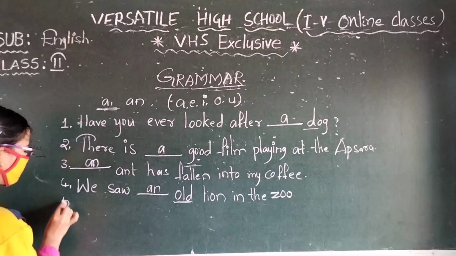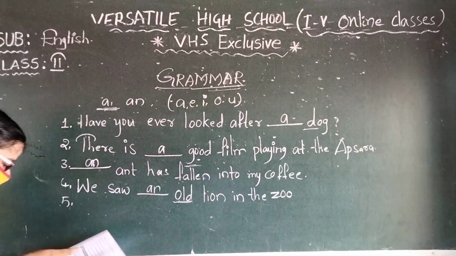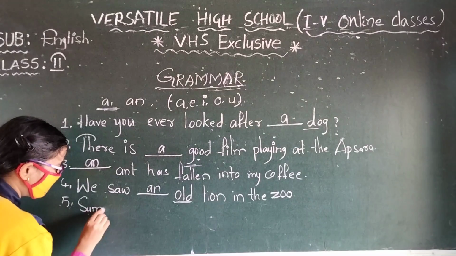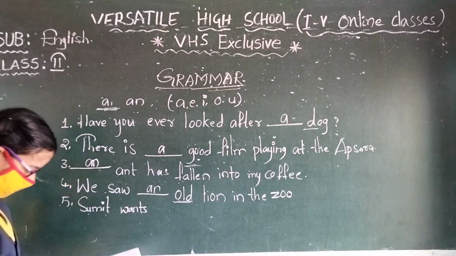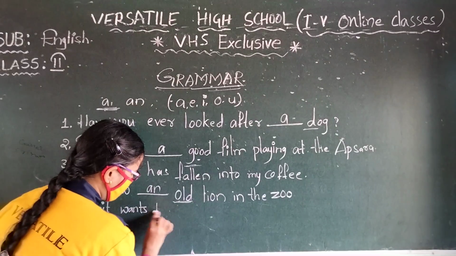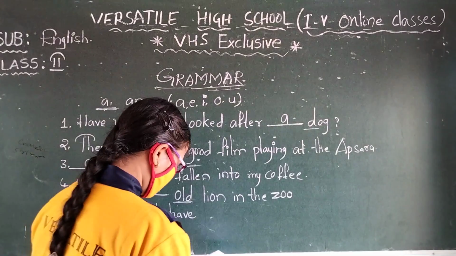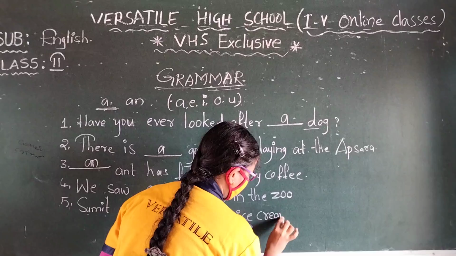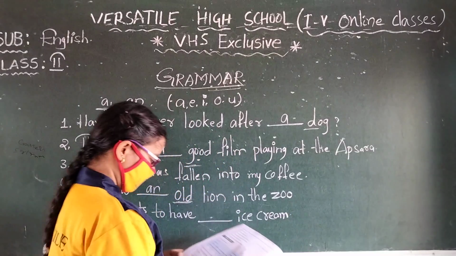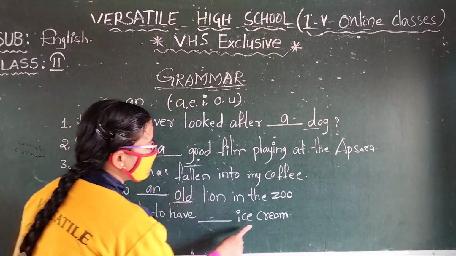And then the fifth one. Sumit wants to have dash ice cream. Look at it: Sumit wants to have dash ice cream.